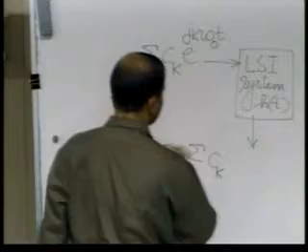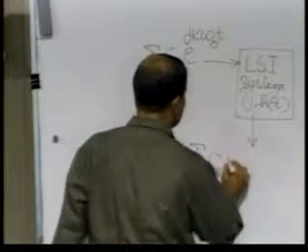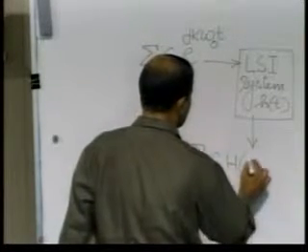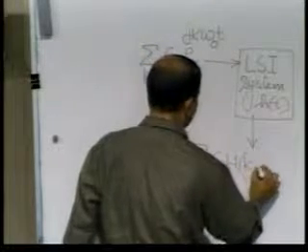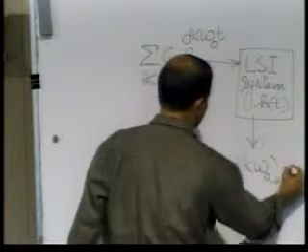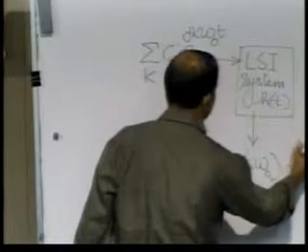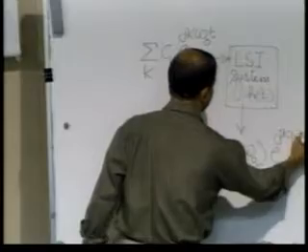Now, I will rewrite this in a slightly different way, Ck times H of omega evaluated at k omega naught, e raised to the power j k omega naught t.